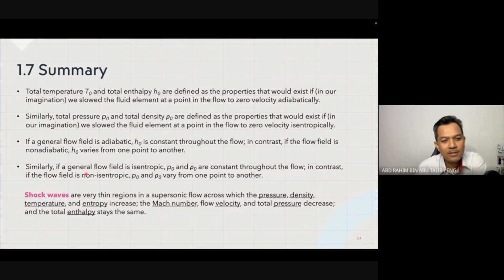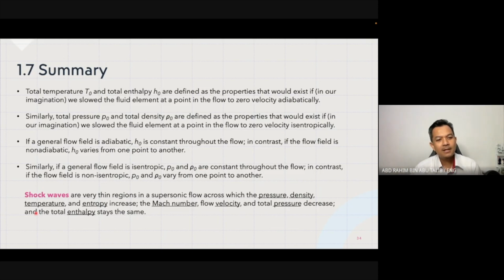Similarly, if a general flow field is isentropic, the total pressure P naught and density rho naught are constant throughout the flow. In contrast, if the flow field is non-isentropic, P naught and rho naught vary from one point to another. You may refer back to the four diagrams, A, B, C, D, that I showed of flow from one position to another, whether adiabatic or non-adiabatic, isentropic or non-isentropic.